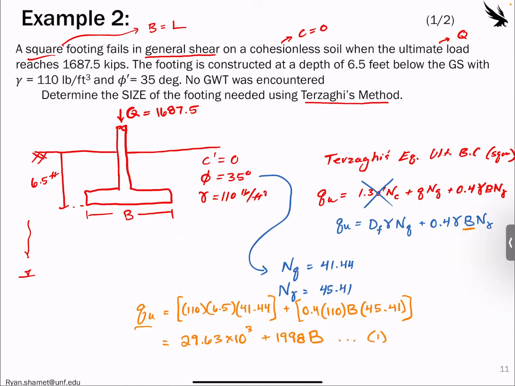And so what we have here is one equation with two unknowns. And we need to find what this base would be. And we are told information on when it fails. So we do know information about this bearing capacity value, but the equation is set up where this is a stress and what we know is a force.